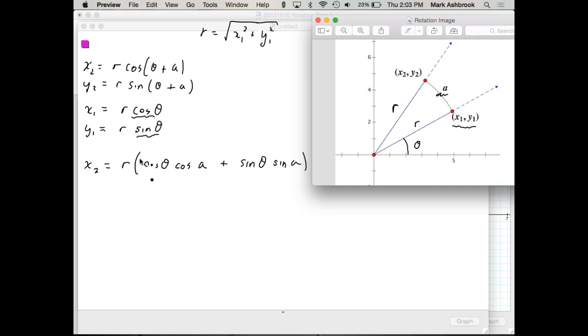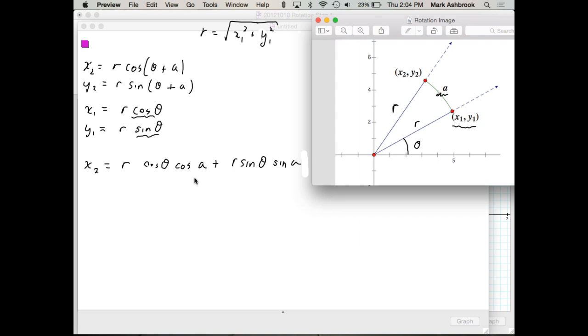Yes. Does it look like it might help? Because now you can rewrite it as x2 equals x1 cosine A plus y1 sine A. This is good, right?